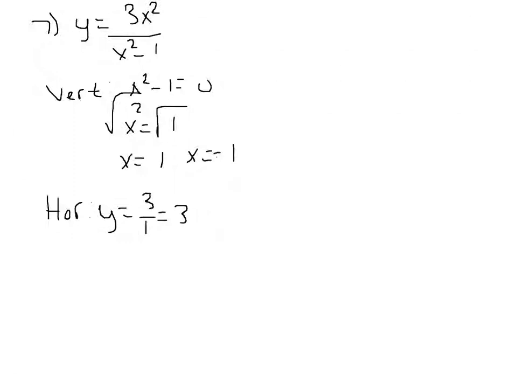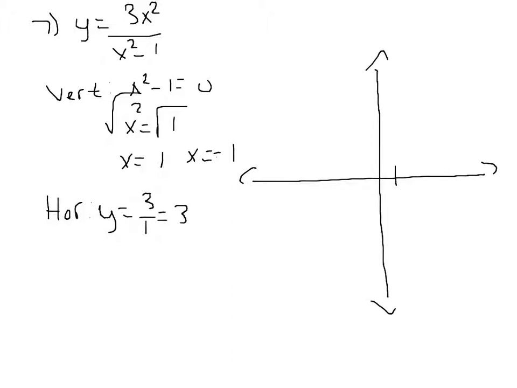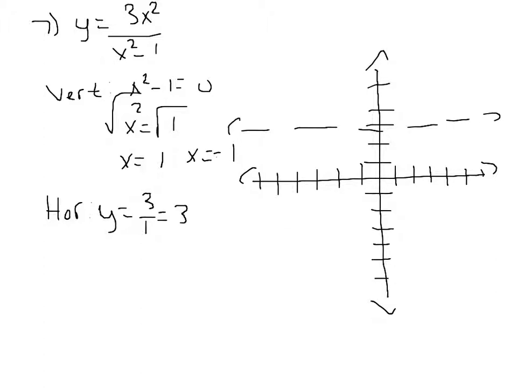So, if we go to graph this, see, y equals 3 is the horizontal, and the two verticals, -1, +1.